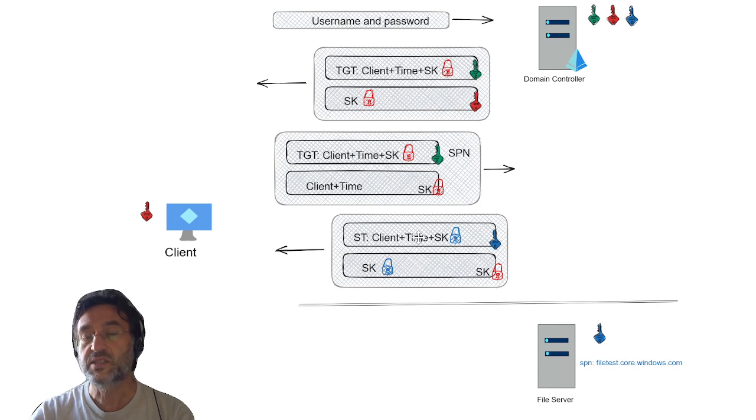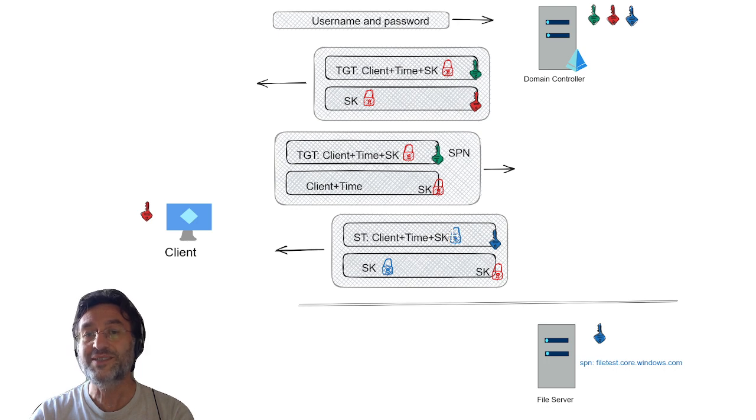First, it sends the service ticket the client requested before. In this service ticket there is some client information, the time, and also a service session key generated from the file server key.